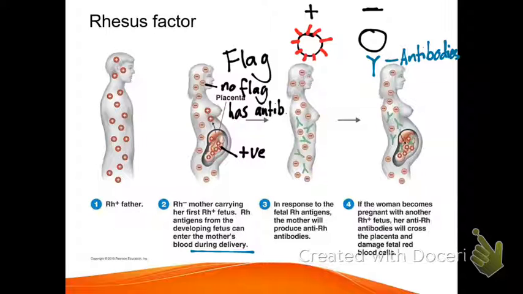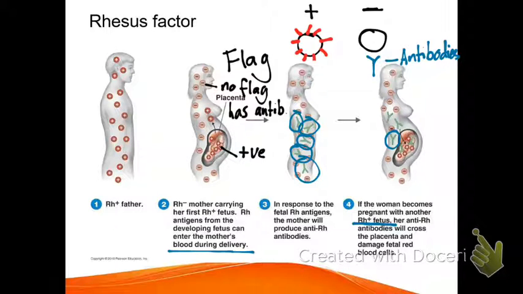But once they have the first child, their body has seen the flags, and so now you see all these antibodies present here. And so now the body is trained to recognize that flag and kill those cells. And so if the woman now has another rhesus positive fetus, then the body's ready for it.